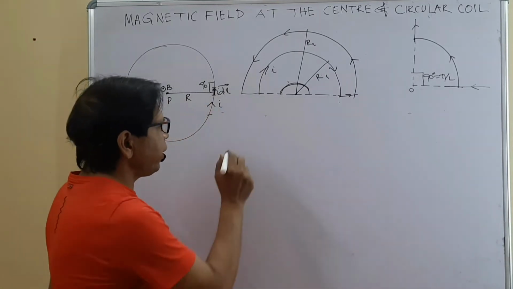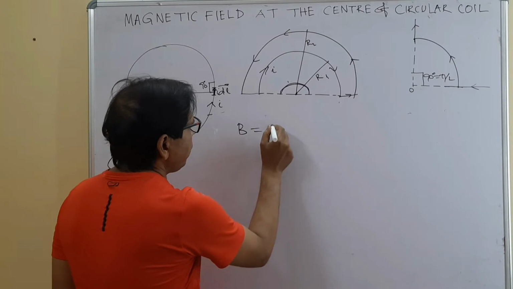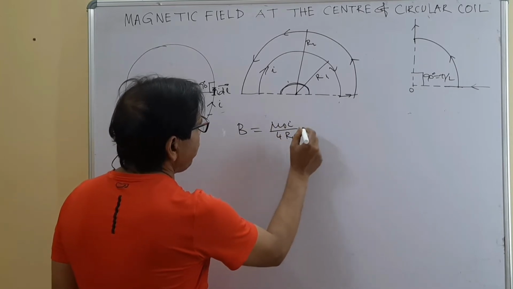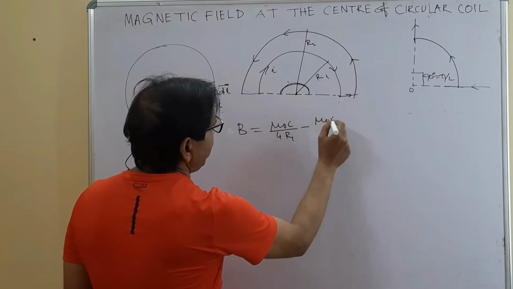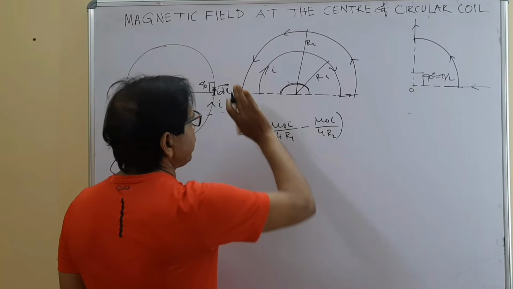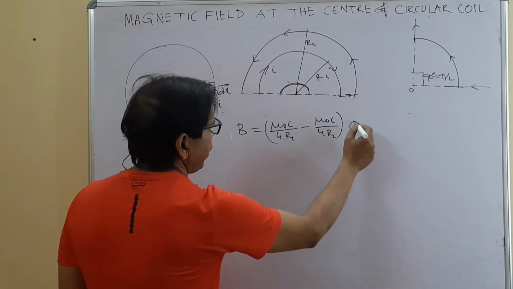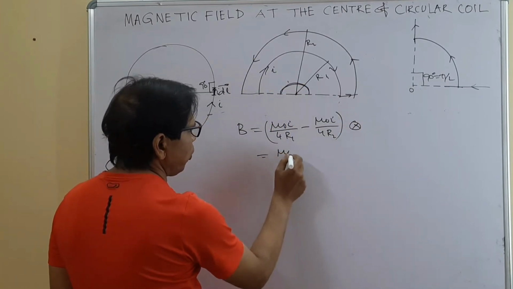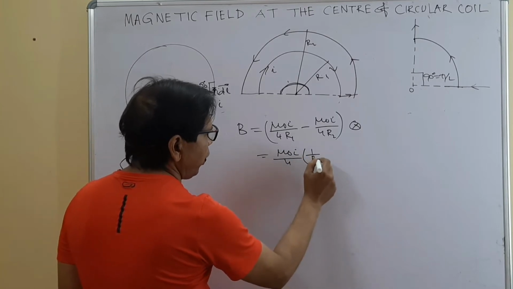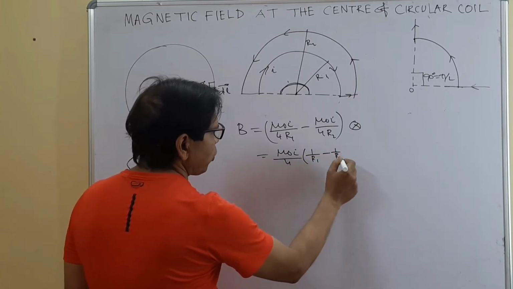Here B equals mu naught I divided by 4r1 minus mu naught I divided by 4r2, and this is directed inward. So this is mu naught I by 4 into 1 by r1 minus 1 by r2.